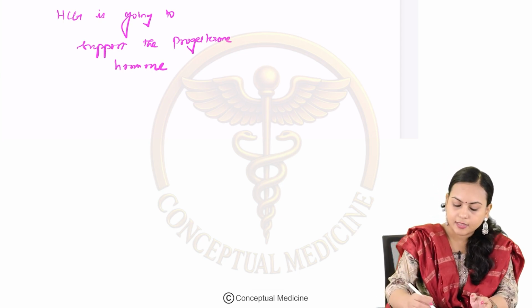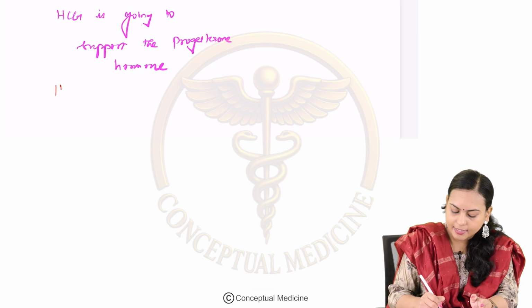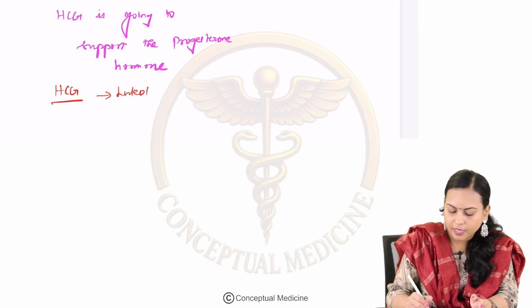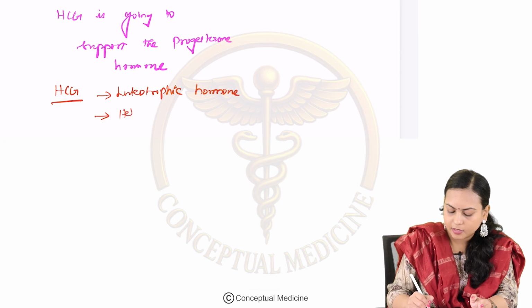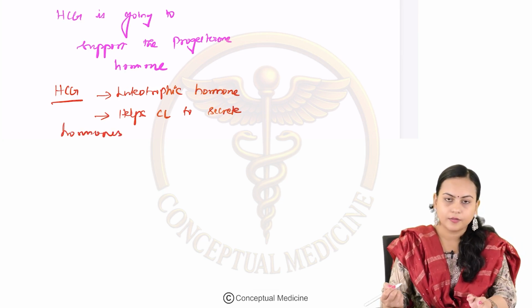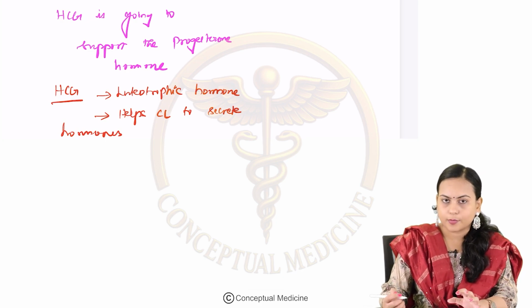In other words, HCG is a luteotrophic hormone. So it helps the corpus luteum to secrete hormones, not only progesterone but also the other hormones secreted by the corpus luteum.